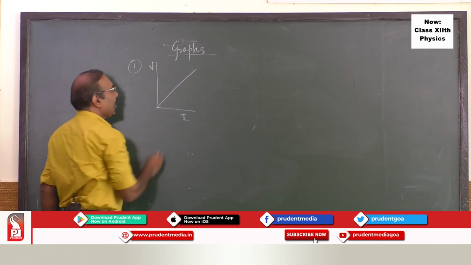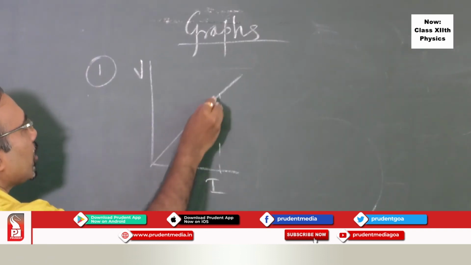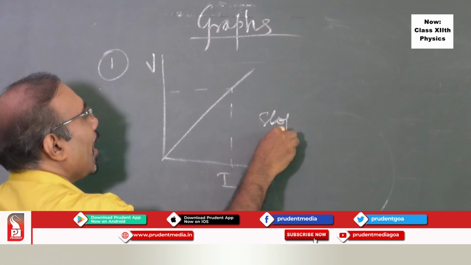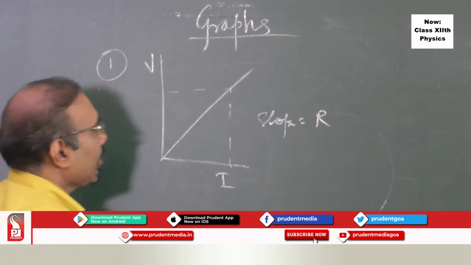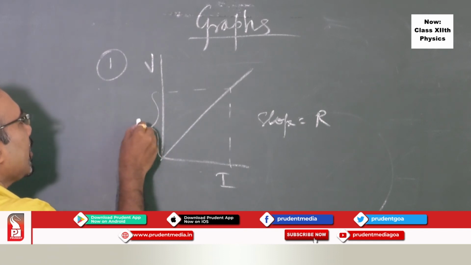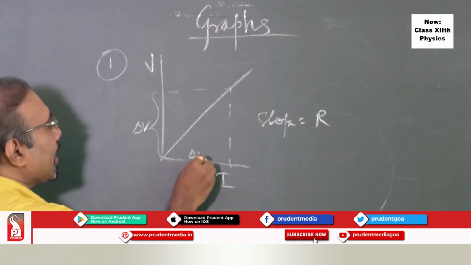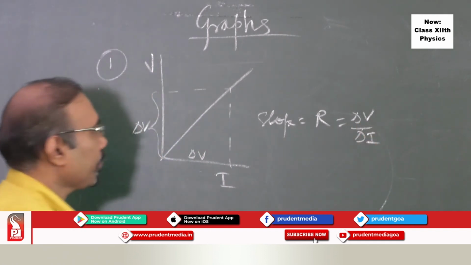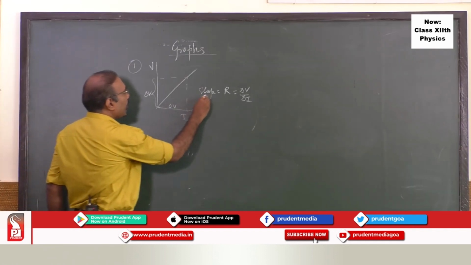If this is the line and you find its slope, you will get the slope as the resistance. You can find the slope as the change in voltage, delta V, upon the change in current. Now, the slope is the resistance.